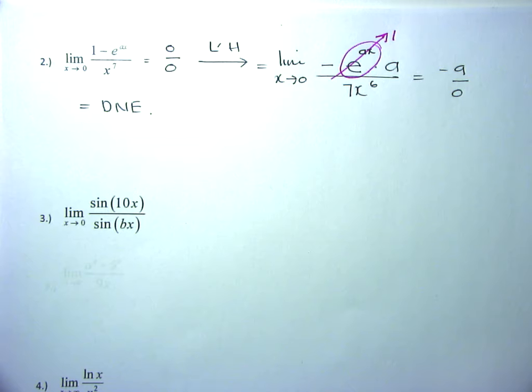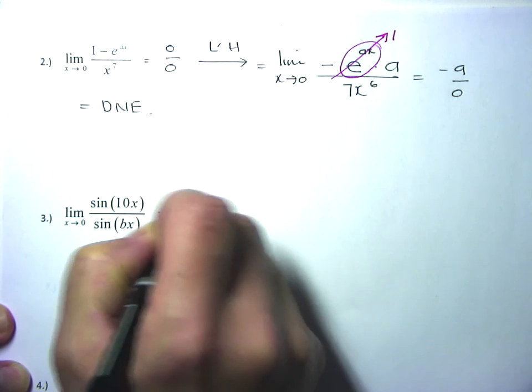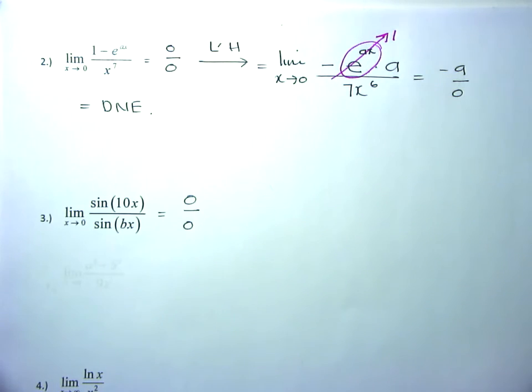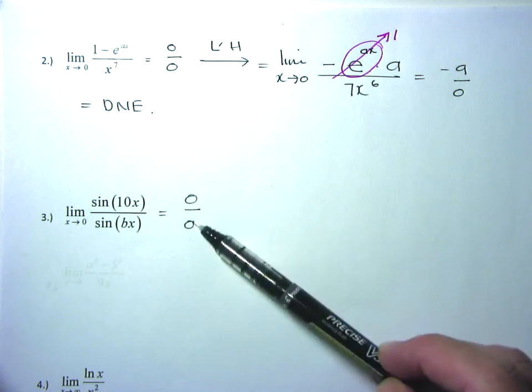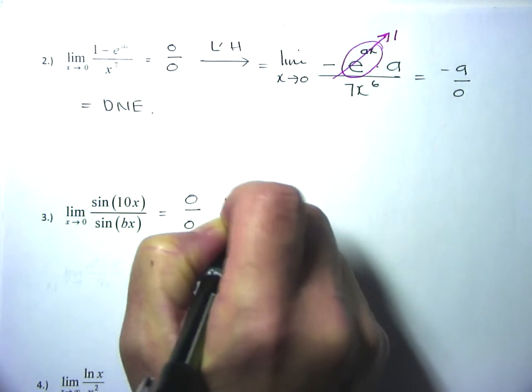What is the value of sine evaluated at 0? It is equal to 0. Sine evaluated at 0 is equal to 0. All right, so we see 0 over 0, which means I get to use L'Hopital's rule.